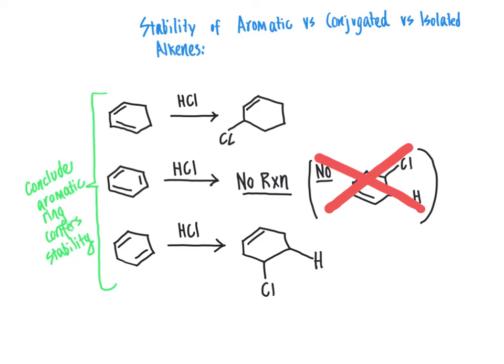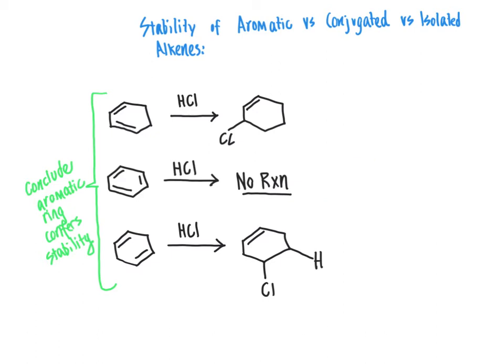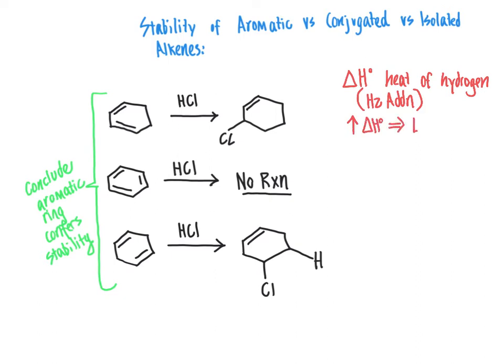And if we look at the stability of these from the perspective of the heats of hydrogenation, what we're evaluating in these heats of hydrogenation are delta H naught values, which is how exothermic is the reaction of adding H2 across the carbon-carbon double bond. So how much energy is released as heat during that reaction? And that indicates the stability, where the larger the heat of hydrogenation, the less stable the molecule.